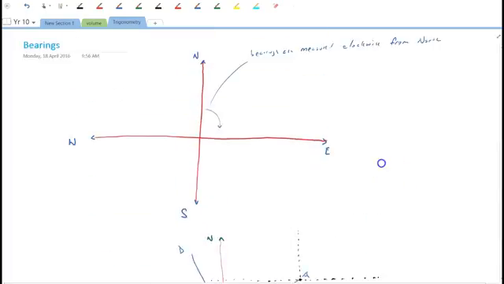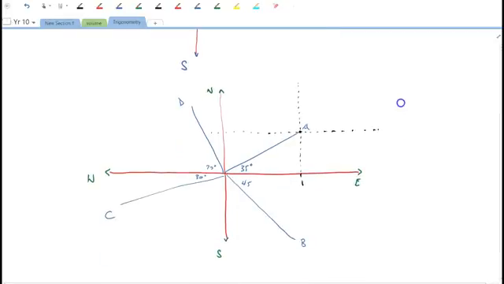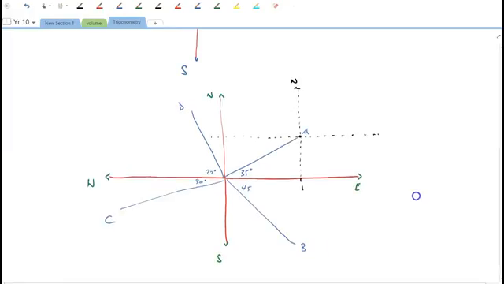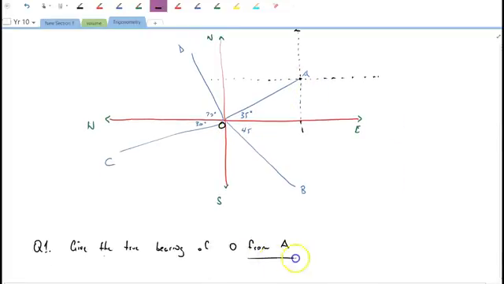If I was going to walk on a bearing of 100 degrees from this point here, it's really easy to measure, because I've just got that 100 degrees around from my north axis. So wherever we're taking our bearings from, draw a little north, south, east, west on it. Now, we want the bearing of O. O is here at the origin. That's O there. So O from A, really important, from A.